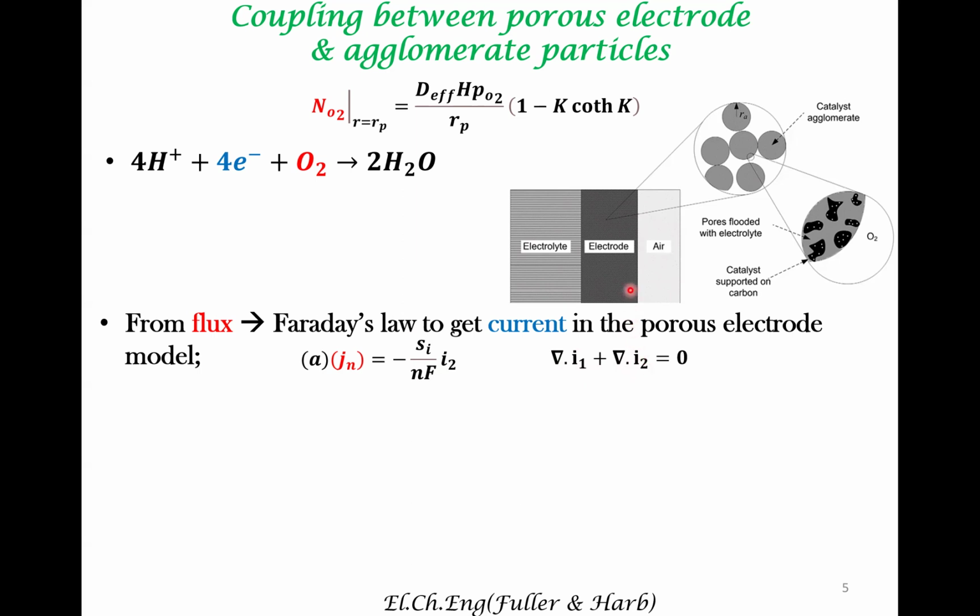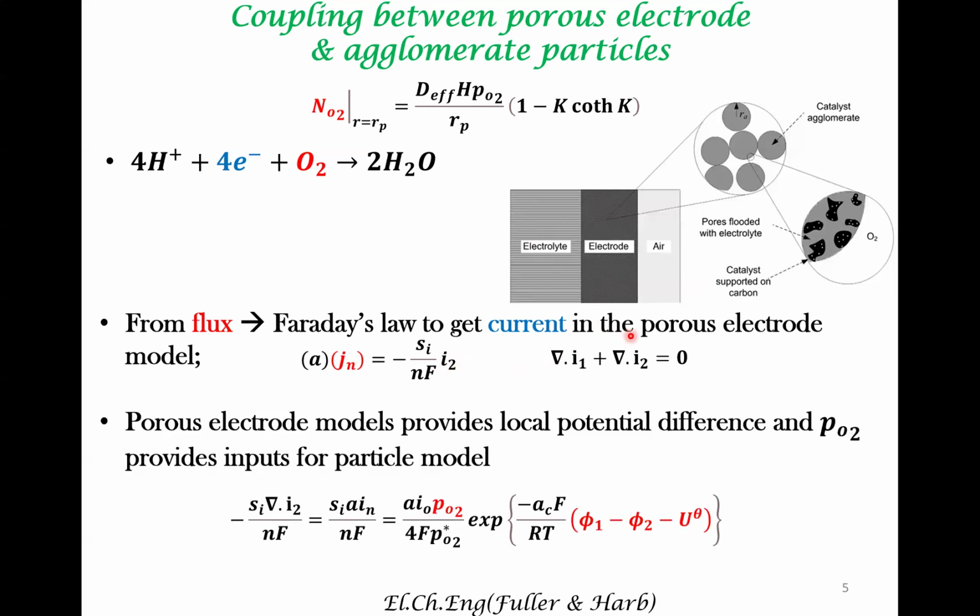So some information that is obtained at the particle level, that is the flux that is entering into the particle, can be correlated to the current that goes into the porous electrode model. In turn, the porous electrode model also provides the local potential difference, these terms, and the partial pressure of O2.